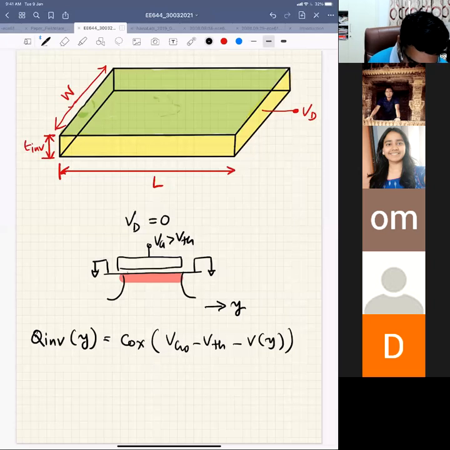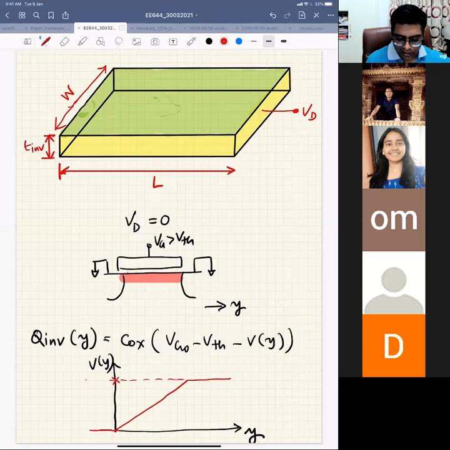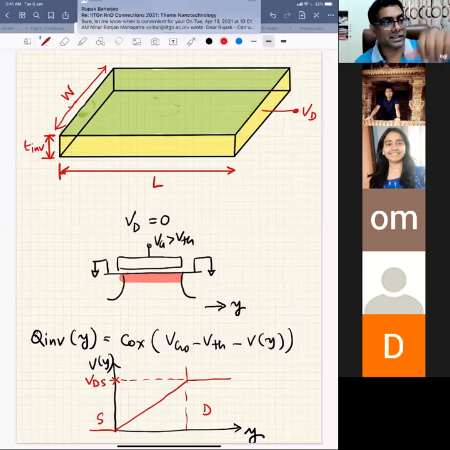If you look at Vy, this is your y and this is Vy. This is the source end and this is the drain end. Between source and drain, your Vy is varying from 0 to VDS.